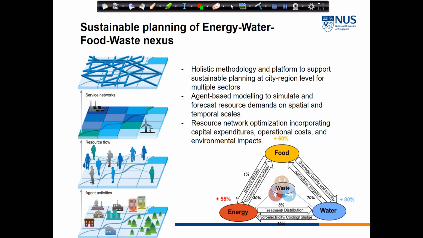Waste needs to be treated, and waste can be recovered for energy, water, and even more resources. So this resource network optimization will consider capital expenditure, operational costs, and environmental impacts to optimize the overall framework network. So this is quite advanced level research.